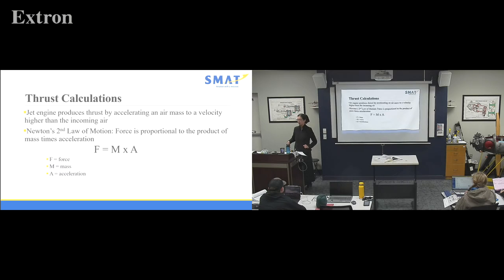That should be a review from physics. Mass of air times how fast we accelerate the air equals our force, or what's the big word we use for force out the back of the engine? Thrust. So force now is thrust.